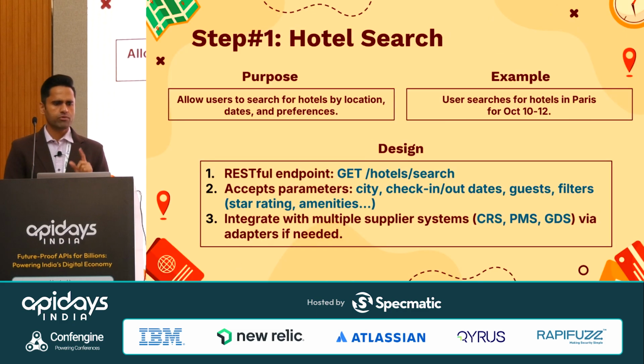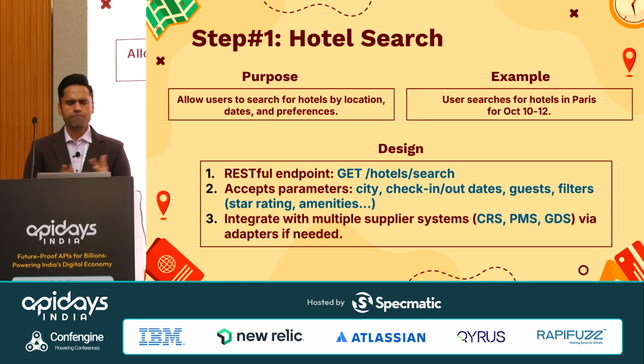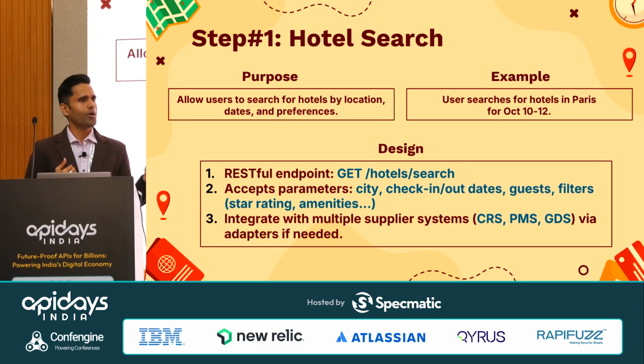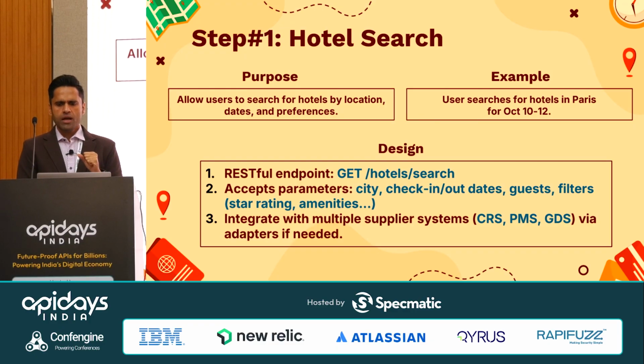Now, we'll talk about step number 1, hotel search. So this is the use case. Let's say a user searches for hotels in Paris for October 10th to October 12th, right? The system needs to do a lot more than just show you a list of all hotel options. Behind the scenes, let's assume a RESTful call is made. But the search request doesn't hit just one system, right?